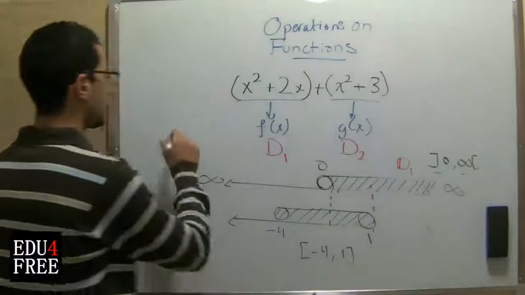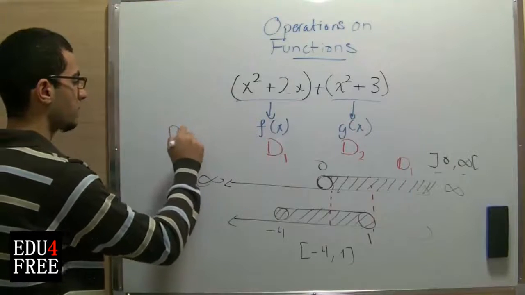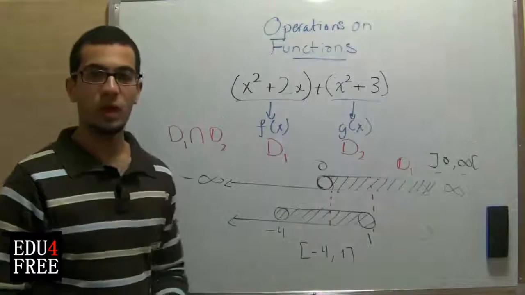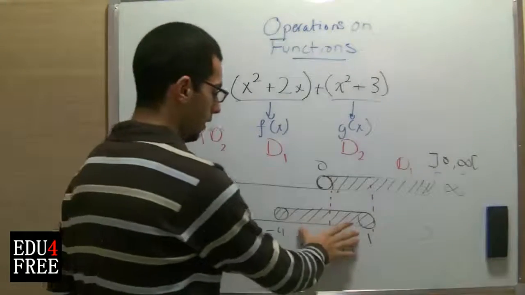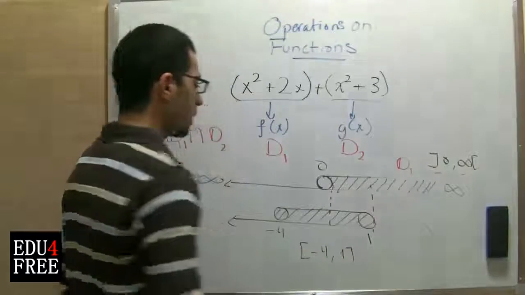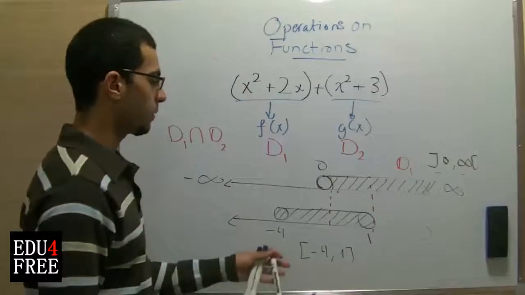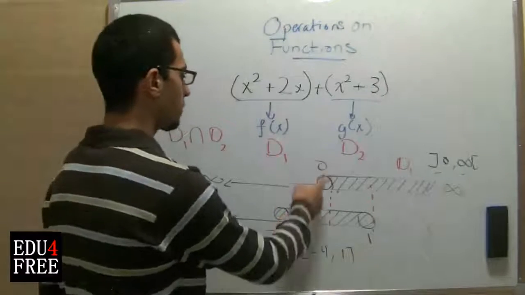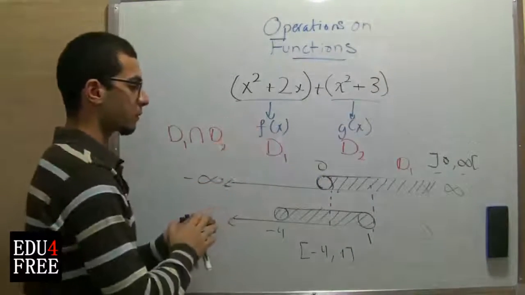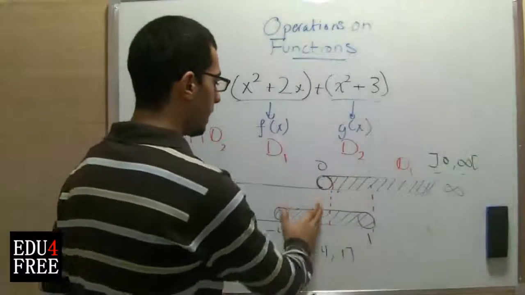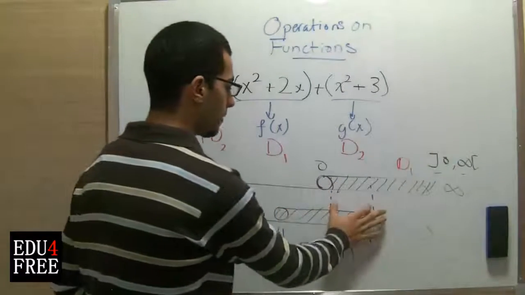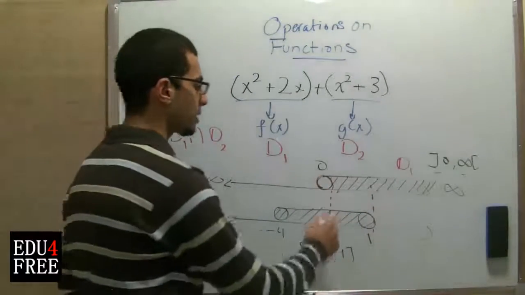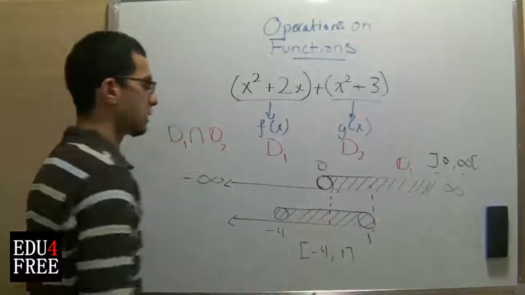So simply it's d1 intersecting d2 and not the union of d1 and d2, because if we take the union of both domains and we want to substitute, for example, in one of the functions or in the resulting function with negative 3 or with 0 or whatever, any number not included in this part, the result will not be correct. So we take the intersection between both of the domains.